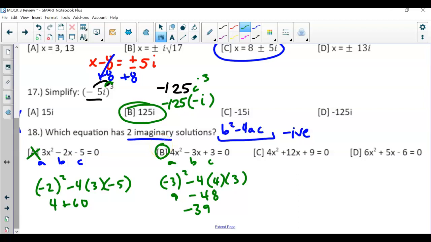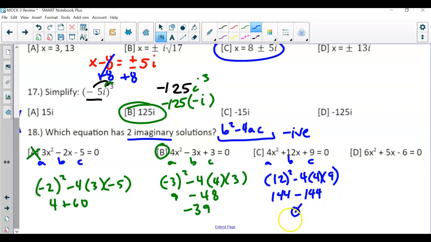Now, of course, you can still go through and see that this is my a, b, and c. b squared, so 12 squared, minus 4 times a, which is 4, times c, which is 9. Here you have 144 minus 144, which is 0. That is one real solution.